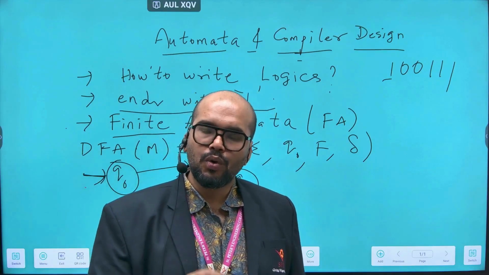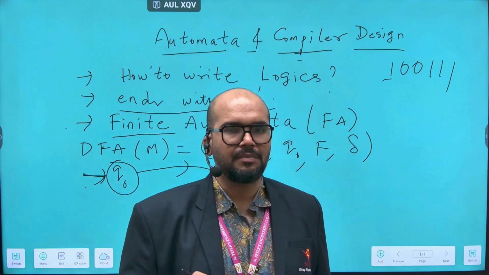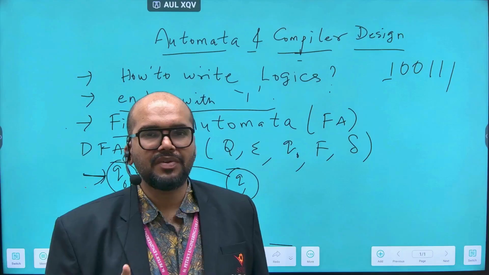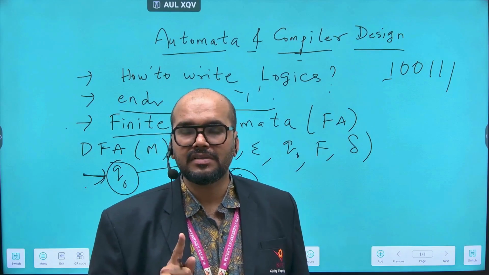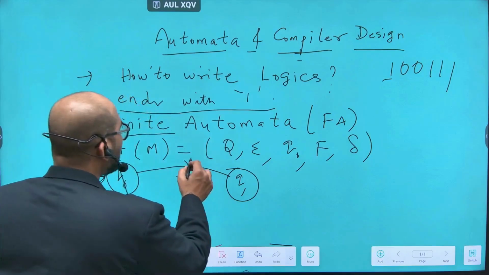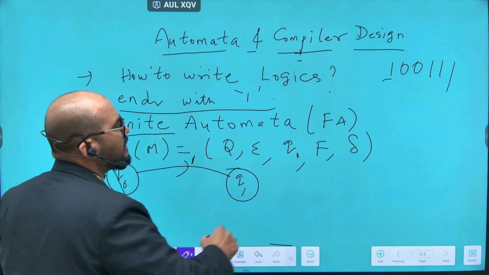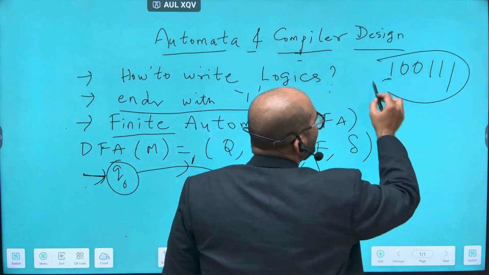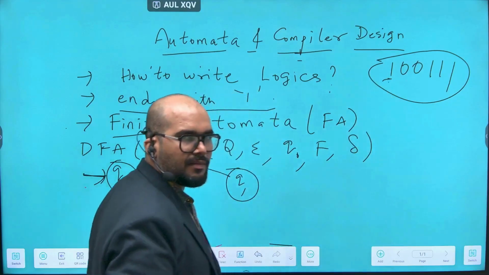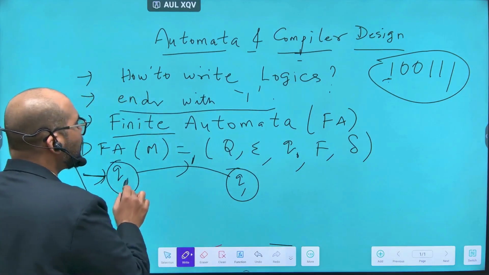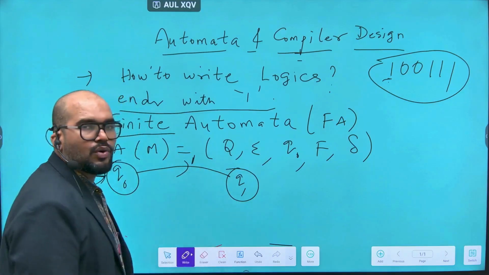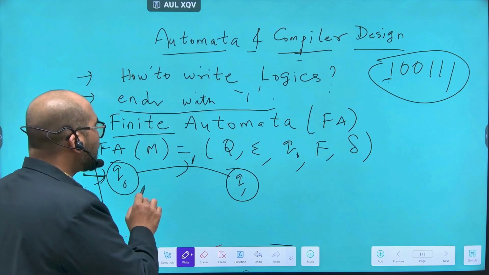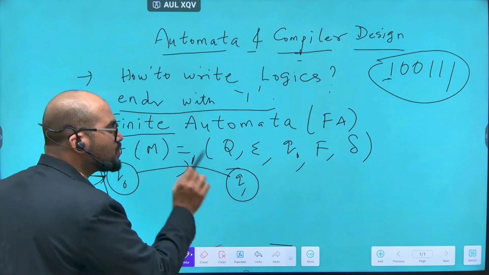There is no difference between q0 and q1. The only difference is that with the first input symbol 1 in the given input string, our initial state q0 will move to q1. With the input symbol 1, q0 moves to q1.